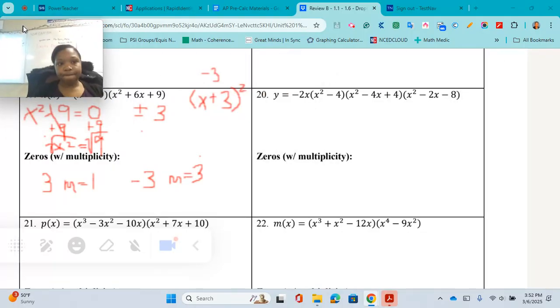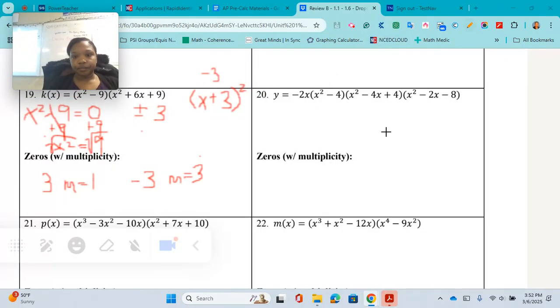All right. Okay, so let's first see what we could do to break this entire thing up for 20. All right. So we got the negative 2x here. We could split x squared minus 4. That is the difference of squares.